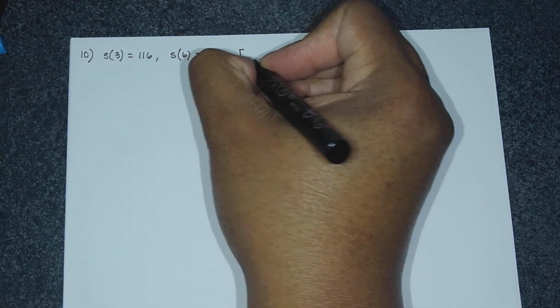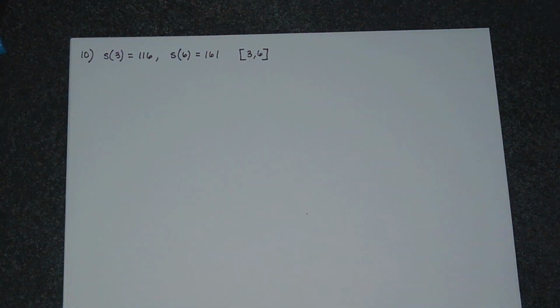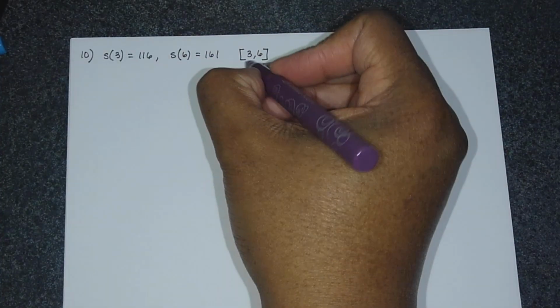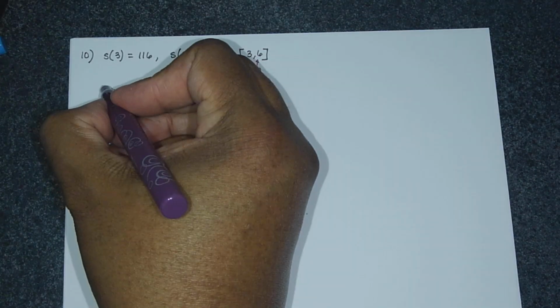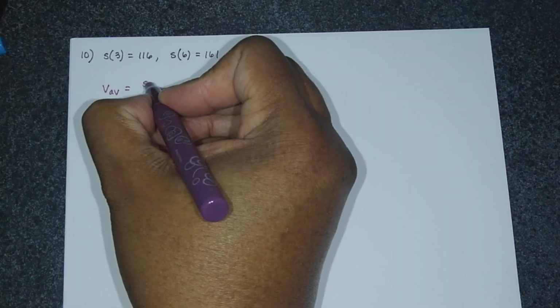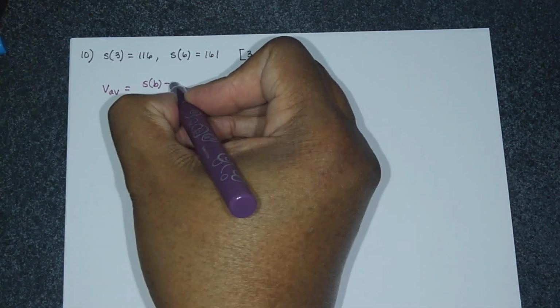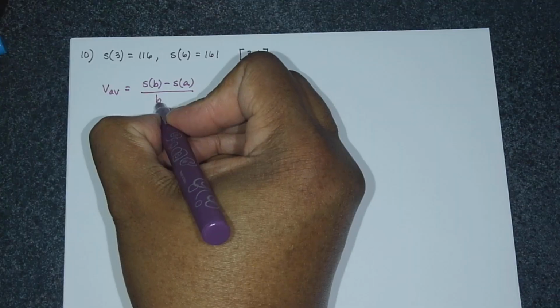The interval of time would be from 3 to 6. So in this case, this is a and that's b. The average velocity, with this notation here, is going to be s of b minus s of a, the whole thing divided by b minus a.